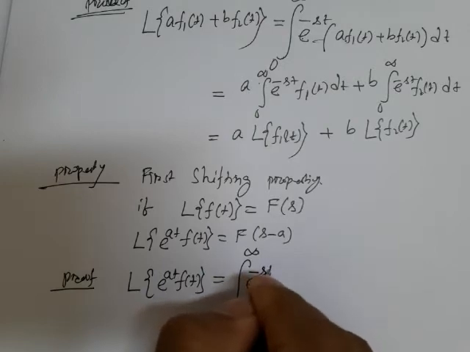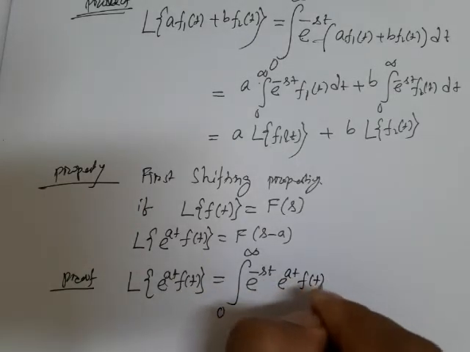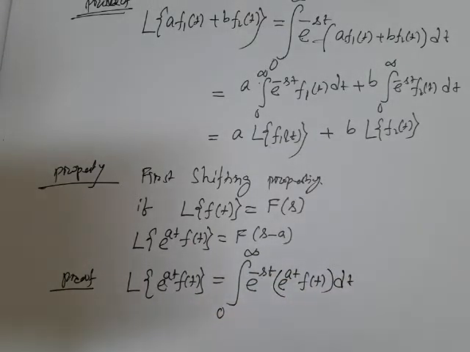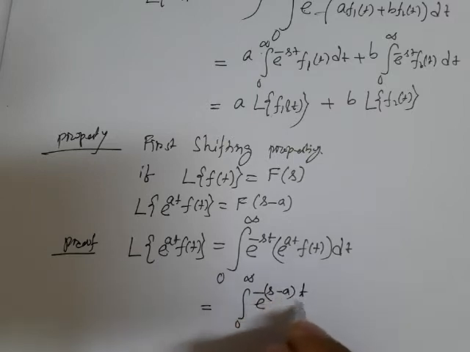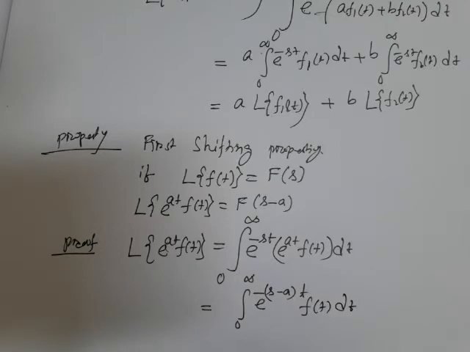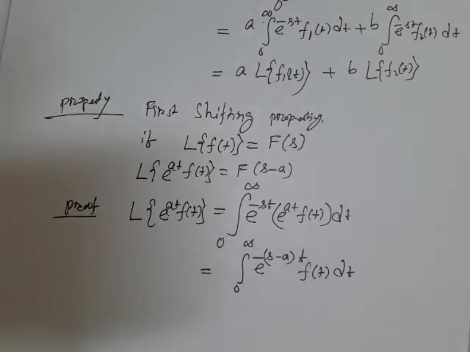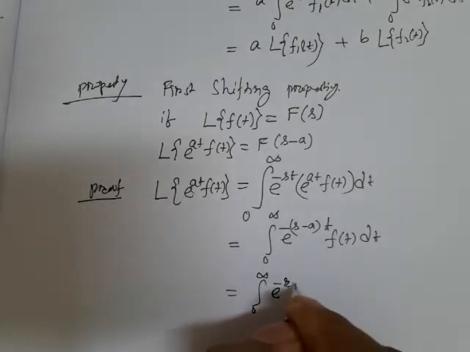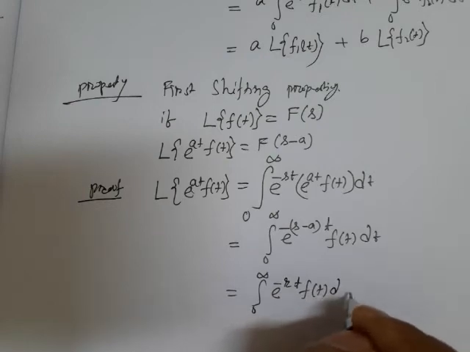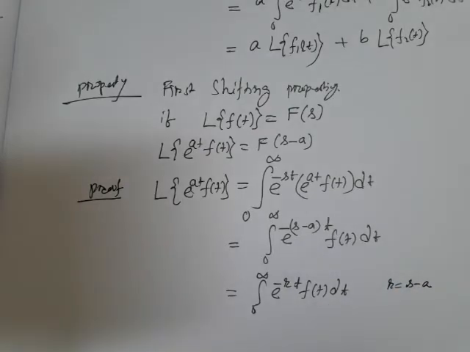In the definition there is e power minus st, and whatever is inside the bracket we write here, so e power at f(t) dt. This becomes the integral from 0 to infinity of e power minus (s minus a)t f(t) dt. Let r equal s minus a, so we get the integral from 0 to infinity of e power minus rt f(t) dt.